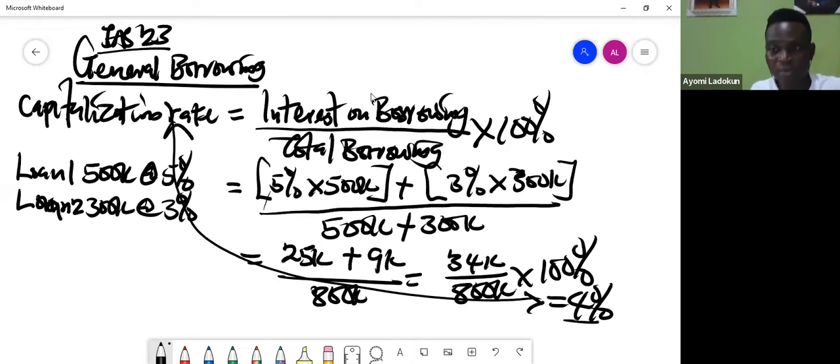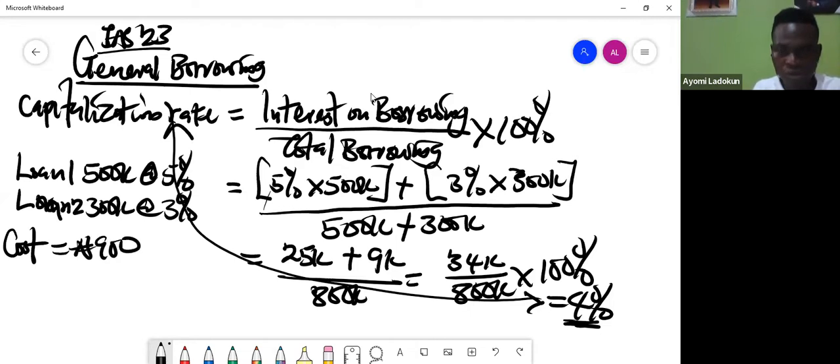When I now get this capitalization rate, I will apply it on the cost of the asset. Let me just assume a figure. Let's say the cost of the asset is 900,000. To get the borrowing cost, I'll say 900,000 multiplied by 4%. That will give me 36K.